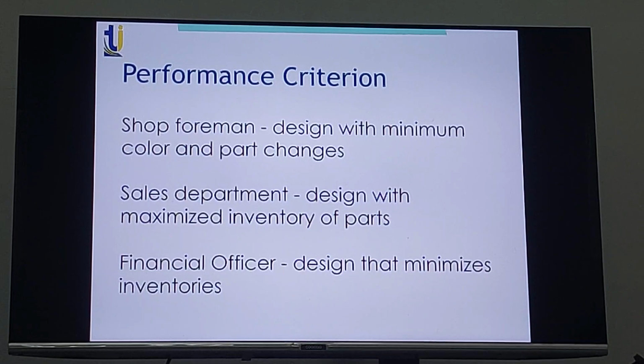They try to use the most inventory that we have, because maybe they want to resupply to make the flow quicker for the sales, so they can quickly sell, for example. But the financial officer, they prefer actually to minimize inventory, for example, because the inventory needs more money.